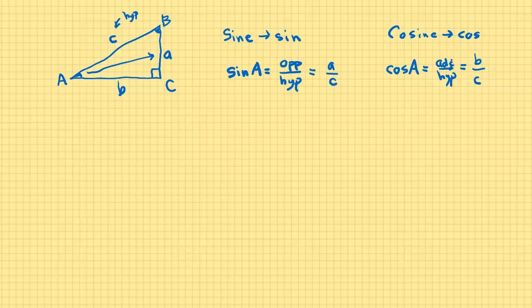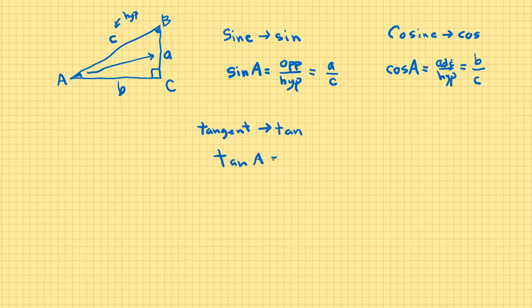There's one more trigonometric ratio, and this one does not use the hypotenuse. It's called the tangent. The short way to write that is tan, T-A-N. So what is the tangent of angle A?